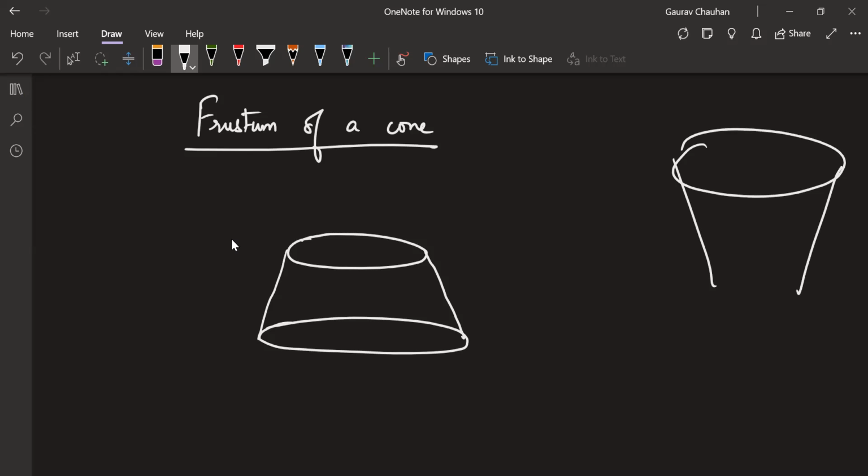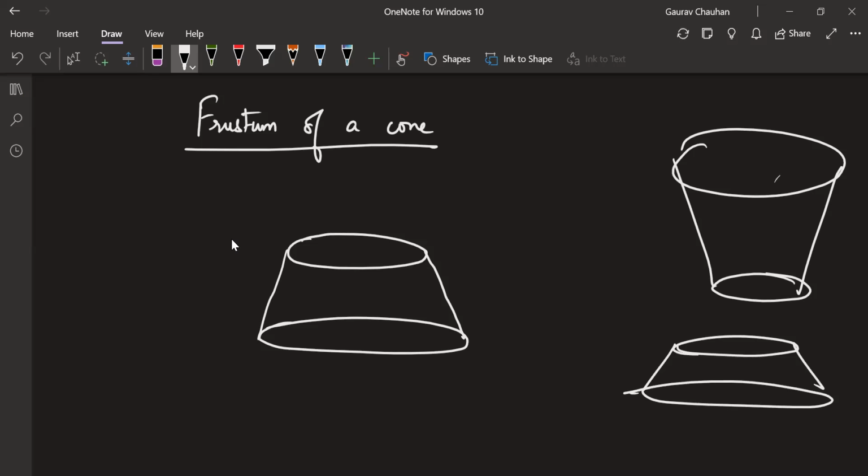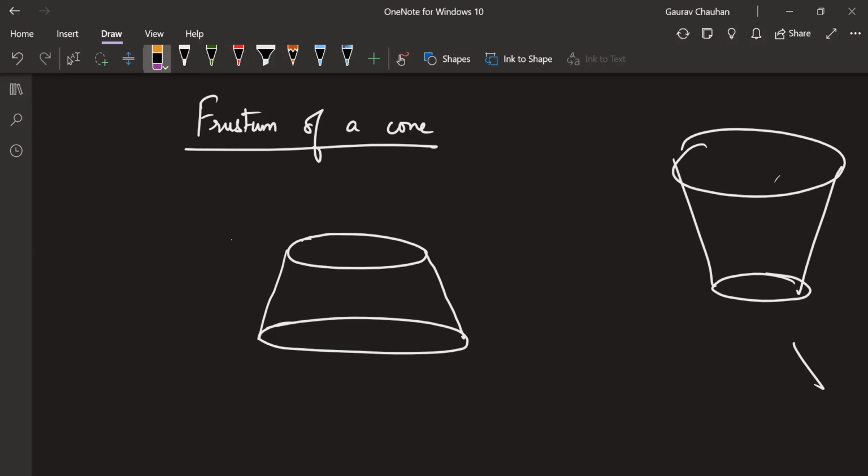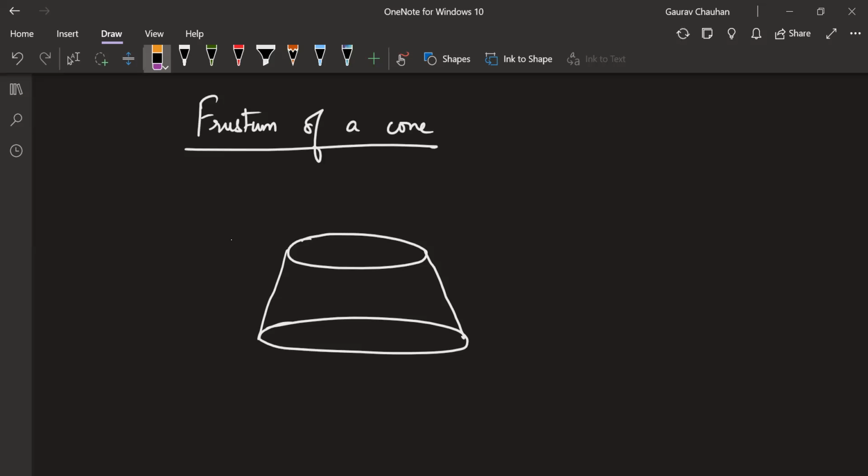Upside down frustum. Tell me, what did you say, Mansa? Dog food thing. Dog food thing will be mostly like this only, no? Yes, good point, Mansa. So these are common things. This is a shape which is more common in our life than probably a cone, which rarely comes. We good with this?